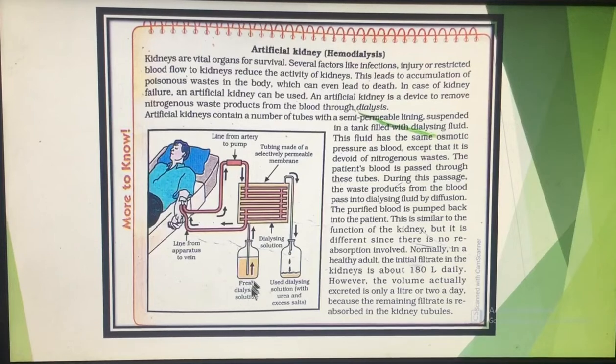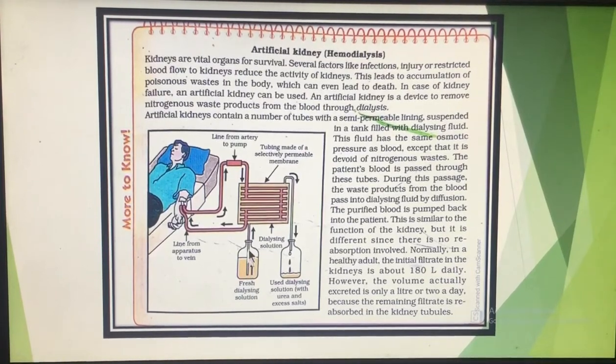Now there is a provision in which the fresh dialyzing solution is added in this chamber and the used dialyzing solution can be taken out. Now what has been done?